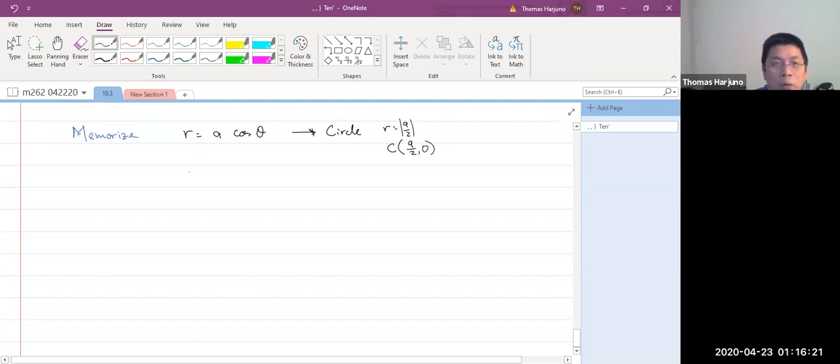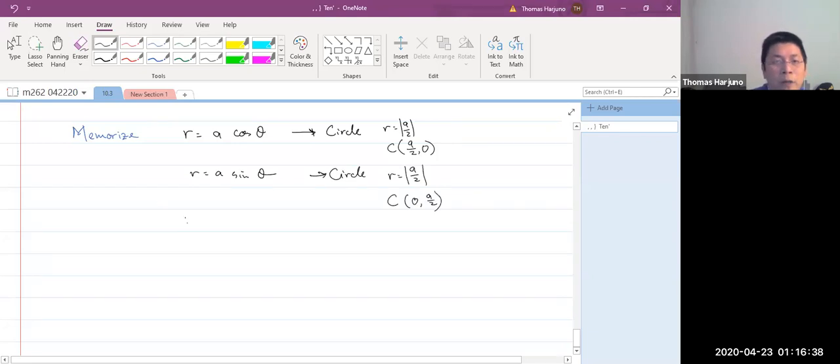Now, r equals A sine theta will be a circle with the same radius A over 2, but the center will be 0, comma A over 2.